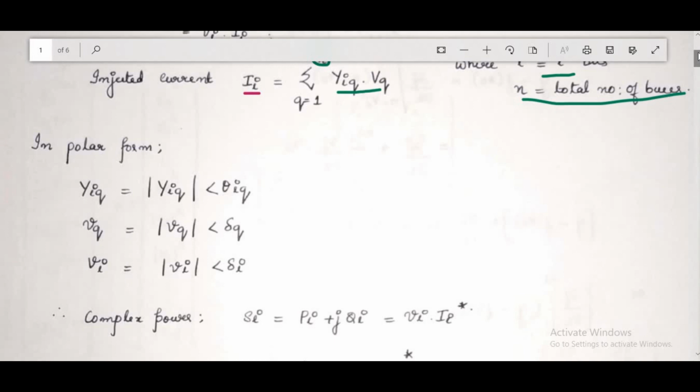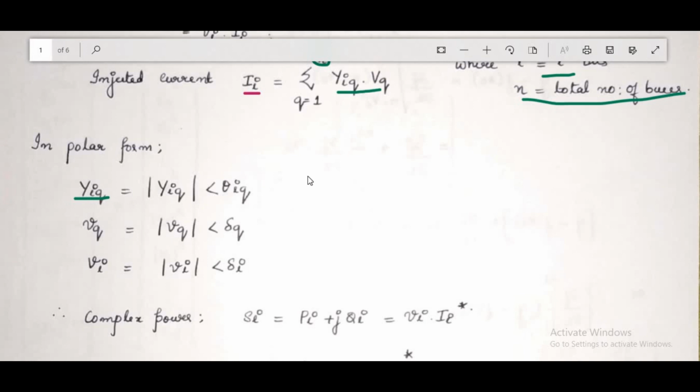Now, so far in the Gauss-Seidel method, we have been evaluating everything by considering all the parameters in rectangular coordinates or rectangular form. But in the Newton-Raphson method, it would be much easier if we convert this rectangular form into polar form. So a particular admittance will have a magnitude and an angle. The angle of the admittance is usually represented by theta.